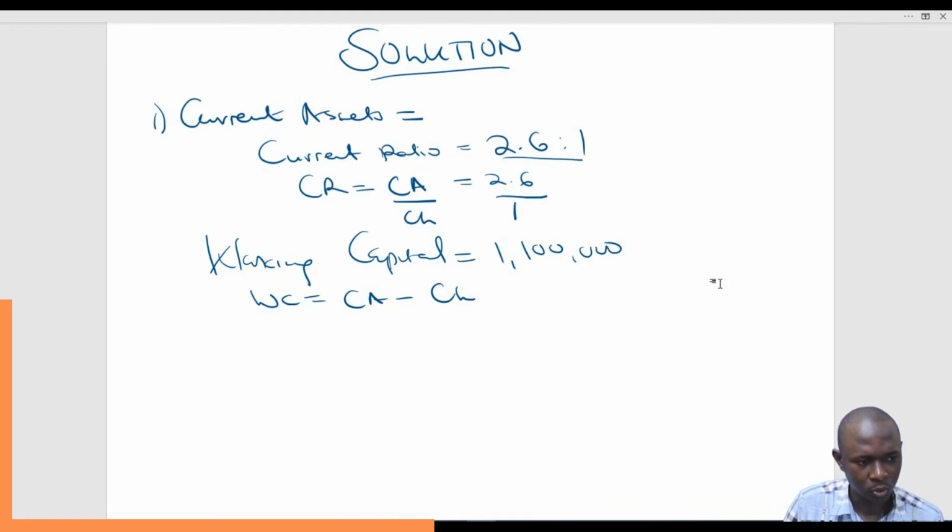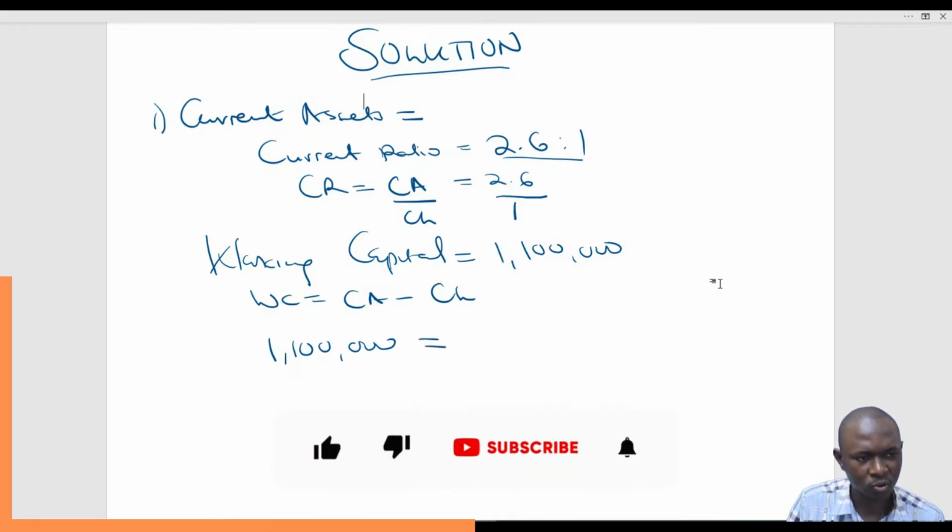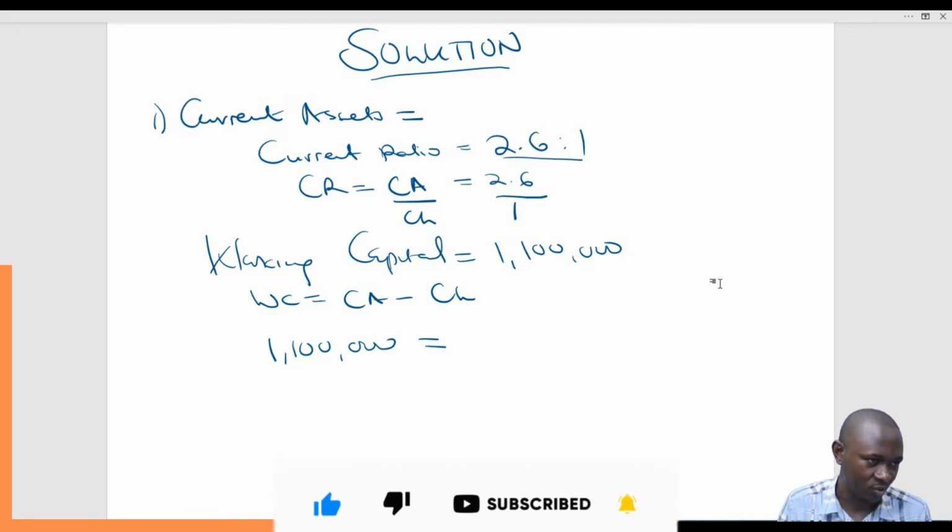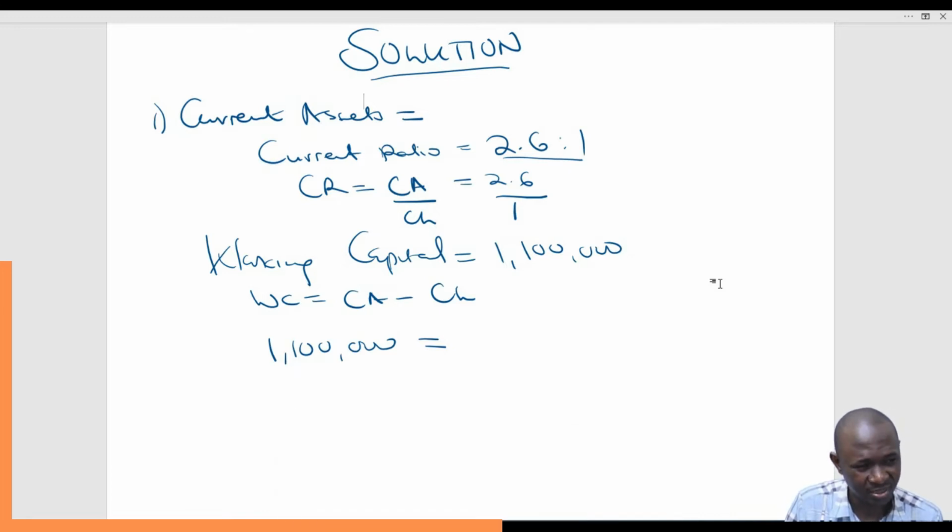So 1.1 can also be equal to this. Our interest here is to find the unknown, which is current assets.